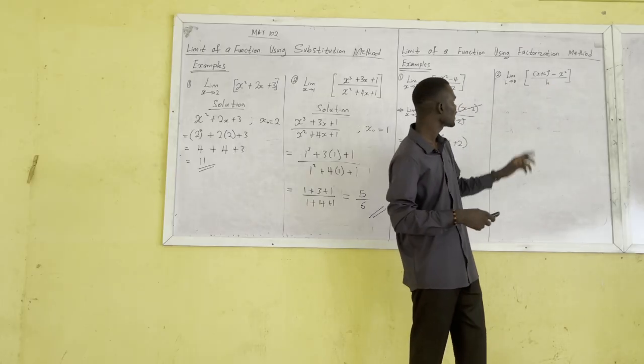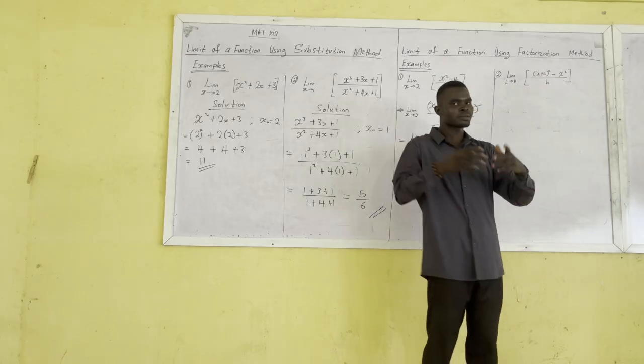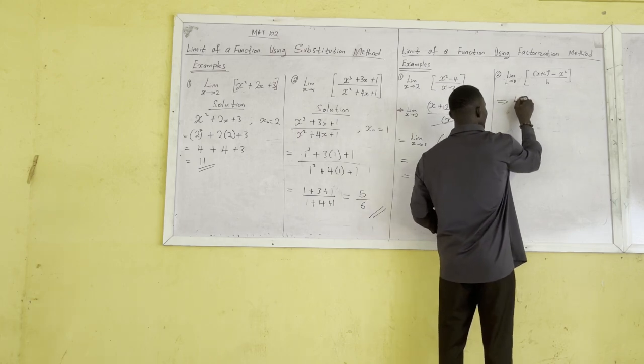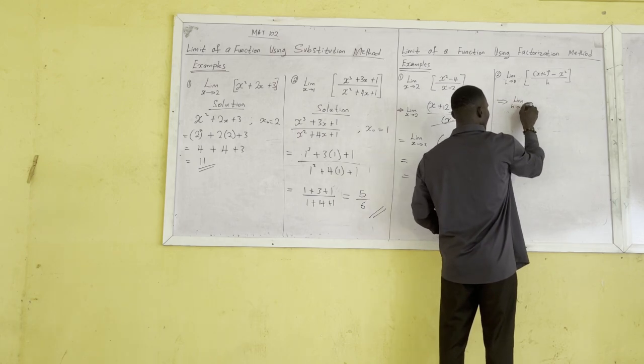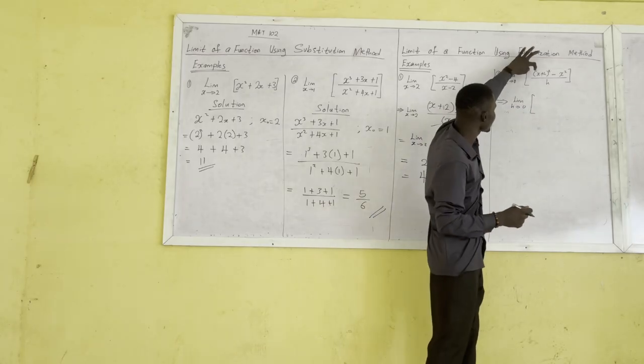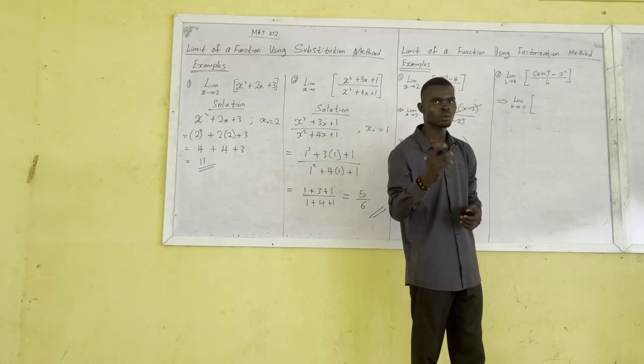The first step, let us expand this numerator. We open the bracket by expansion. This implies that we are still limiting the expression as h tends to 0. Now, let us open this bracket, x plus h all squared. Using binomial expansion, what do we have?